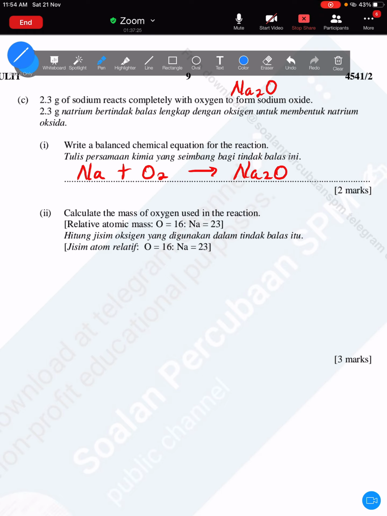You can put 2 over here, then it becomes 2. Is this balanced? No. Wait, I put 1 over 2 and 2 over here. Then I multiply this by 2. I make the equation balanced here. It becomes 4Na plus O2 gives you 2Na2O. Answer. That's how you do it.